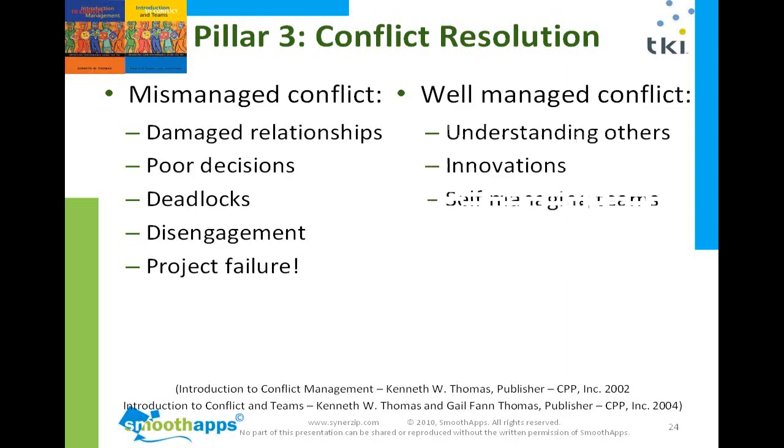You have innovative teams. And this is an important part for Agile practitioners. You have self-managing teams. One of the goals of Agile is to move away from the command and control style of management and create autonomous self-managing teams. And if you teach your teams to manage conflict, they reach this goal.